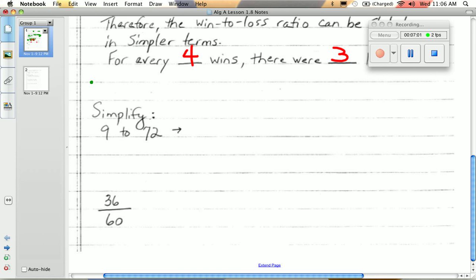Okay, I want you to set up the ratio for the next one. 9 to 72. What would that look like? 9 over 72. So we'll write it as a fraction. Can that be simplified? Yes. Okay, what can we simplify it with? Let's show it in our notes. We're going to divide by what? 9.